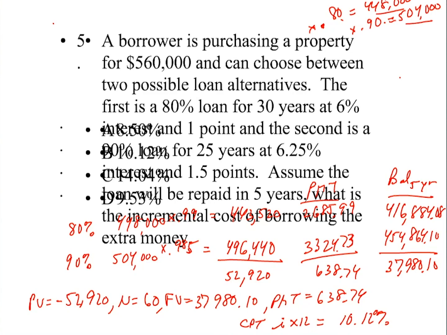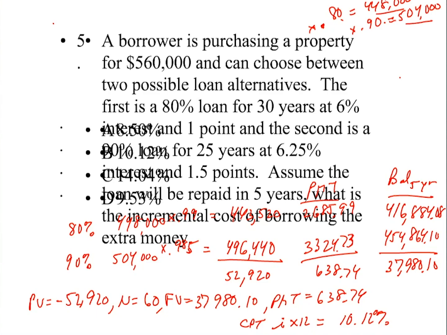Now we have to calculate the payment for each. On the 80% loan, the present value will be $448,000. It will be for 30 years at 6%. Future value 0, and we calculate a payment then of $2,685.99.